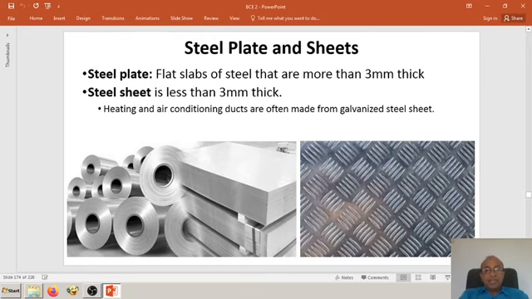Steel plates are flat slabs of steel that are more than 3 millimeter thickness, and steel sheets have a thickness less than 3 millimeter. Heating and air conditioning ducts are made of galvanized steel sheets. Steel sheets are also used for platforms and in the manufacturing of trusses, columns, etc.